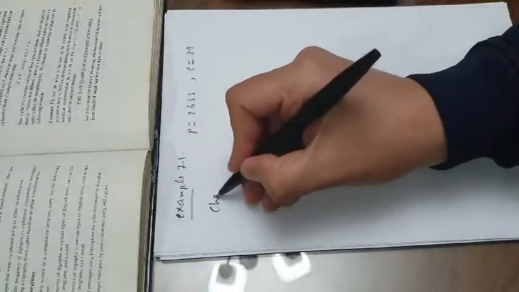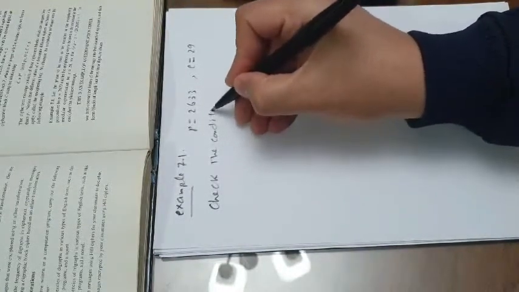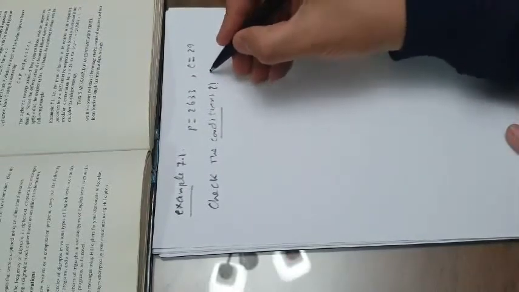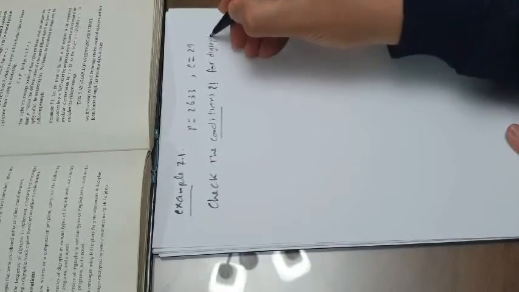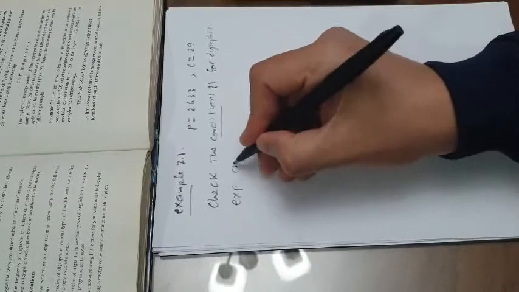So check the condition of the exponential cipher. Is this allowed? Check the conditions for the digraphic exponential cipher.